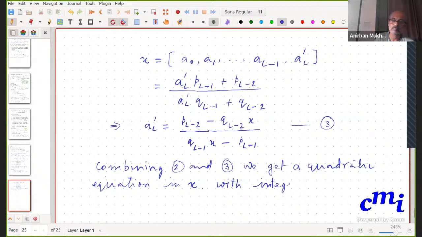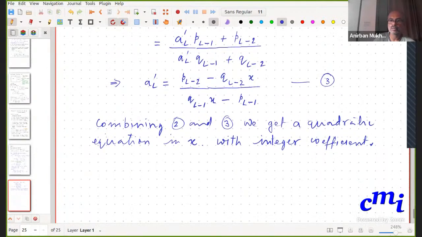That is important. So X is a quadratic surd. So that proves the theorem.